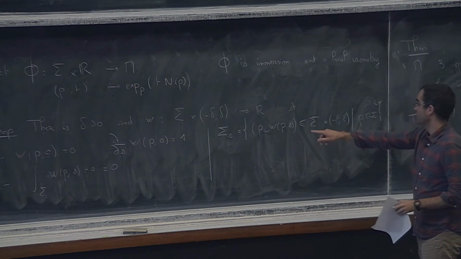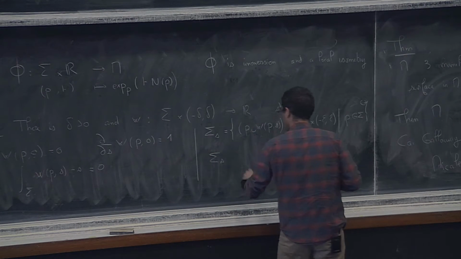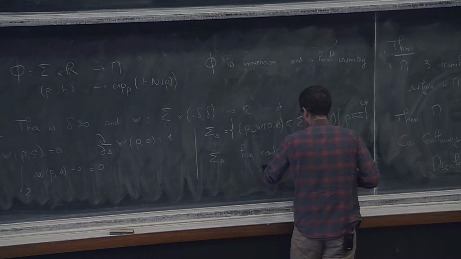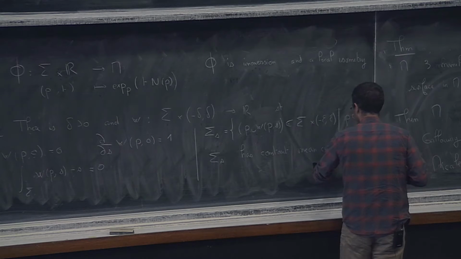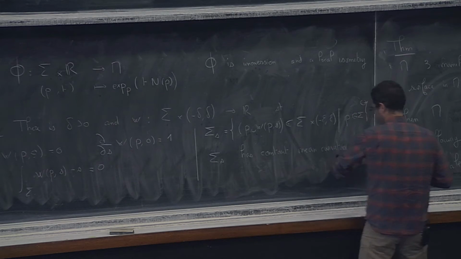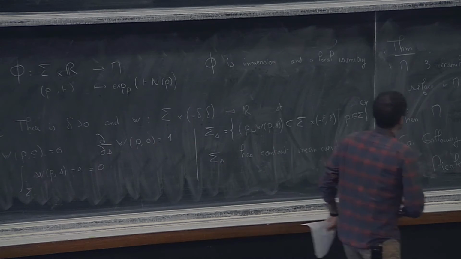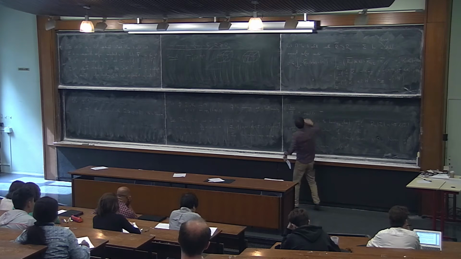So what you assume on sigma sub s is that it has constant mean curvature. Okay. So what is the idea? The picture is the following.